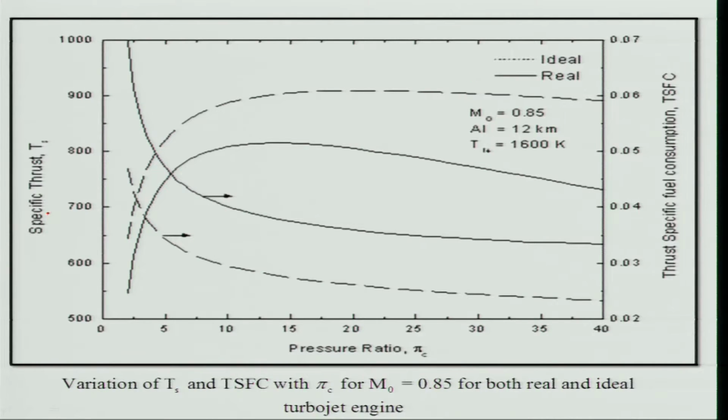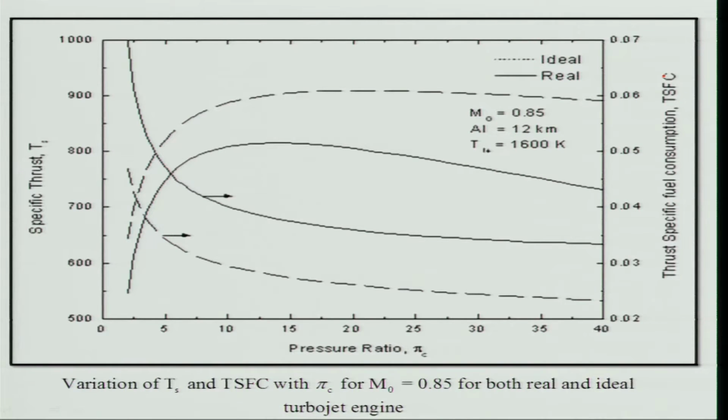If you look at this, we have taken some conditions: altitude 12 kilometer, M naught 0.85 and T T 4 1600 Kelvin, and this is basically the ideal. We are using a dashed line for the ideal one and the solid line for the real one. We are looking at the variation of specific thrust with pressure ratio, and on the right hand side we are looking at thrust specific fuel consumption.